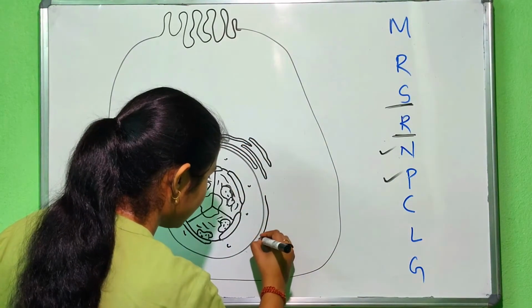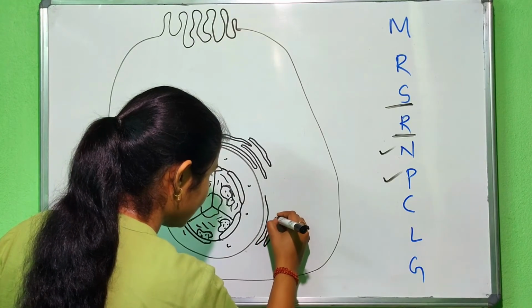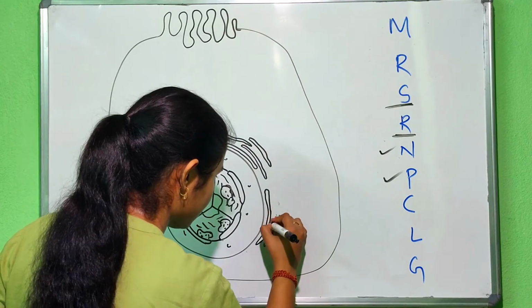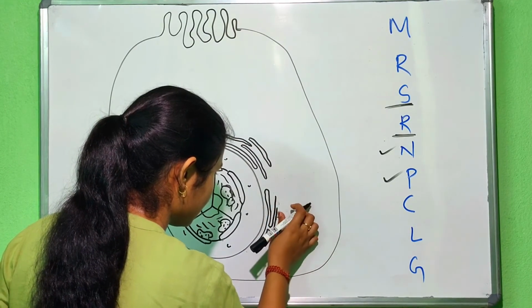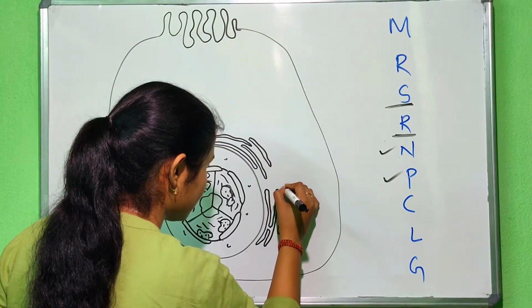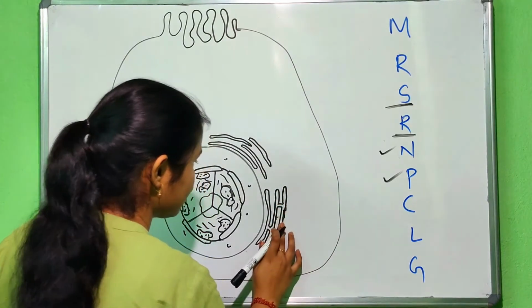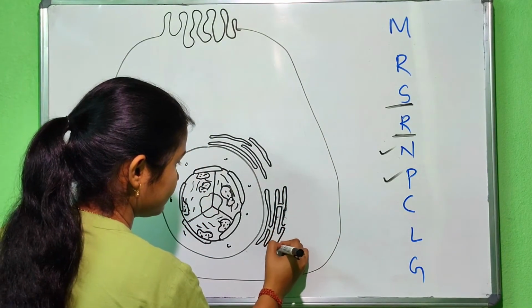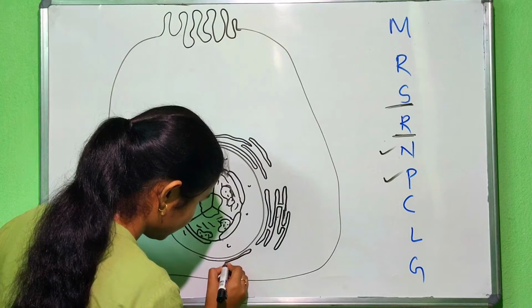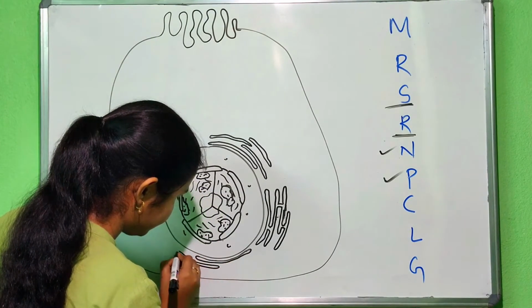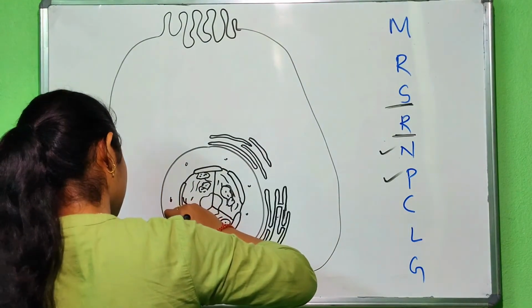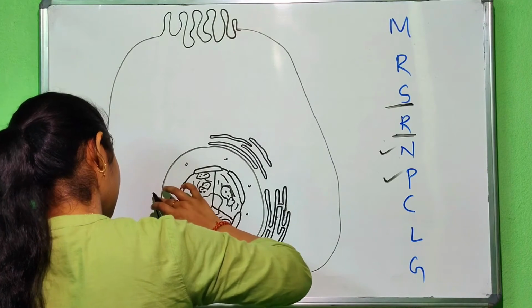There is the endoplasmic reticulum. We will draw many connected H shapes. Then let's draw here.